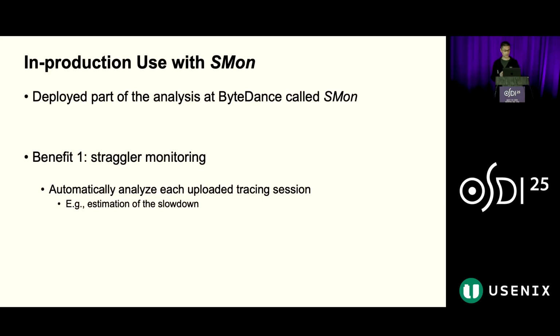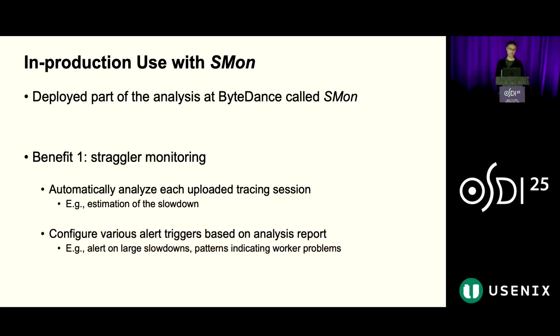For every newly uploaded trace, our SMon system will automatically analyze the trace and report various straggler-related metrics like the slowdown estimation. This allows us to configure various alerts based on the report. For example, the operation team at ByteDance has configured alerts on large slowdowns and patterns indicating worker problems.